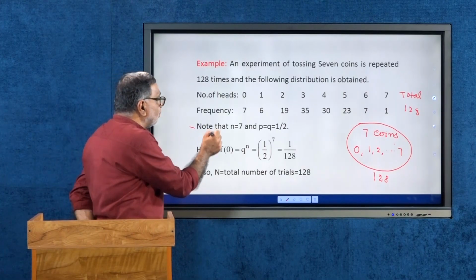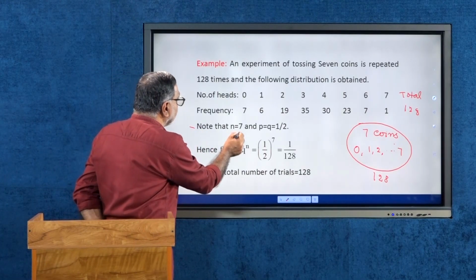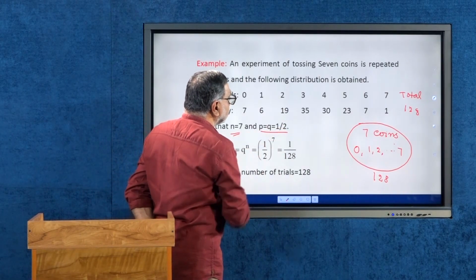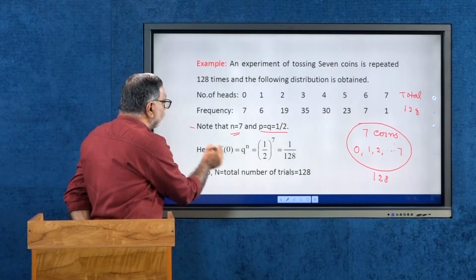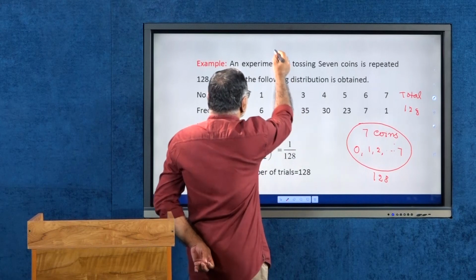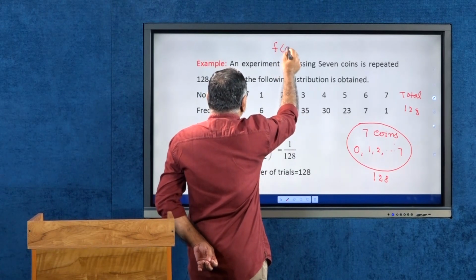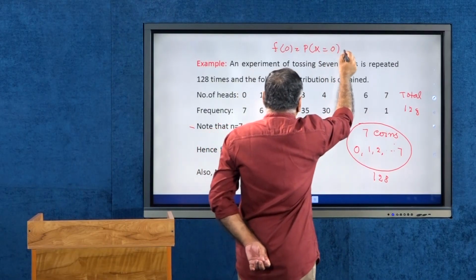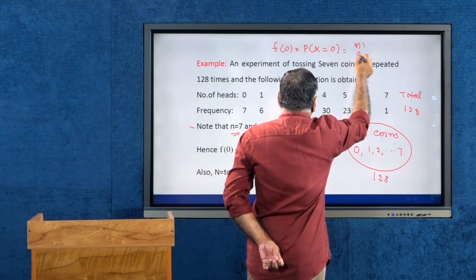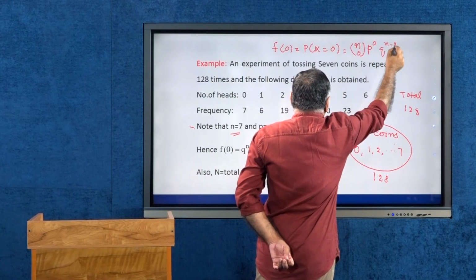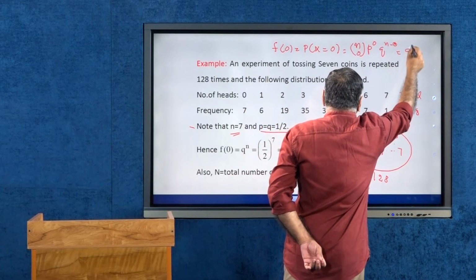So here you are first finding f of 0. You are given n is equal to 7 and p is equal to 1 by 2 as the parameters of the distribution. f of 0 is nothing but the probability of x equal to 0, and by the binomial probability this is nC0 p power 0 q power n minus 0, which is equal to q power n.